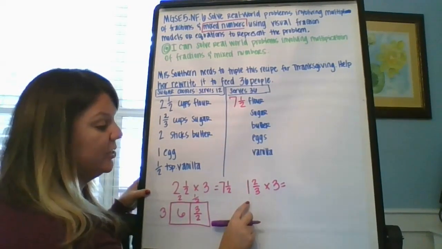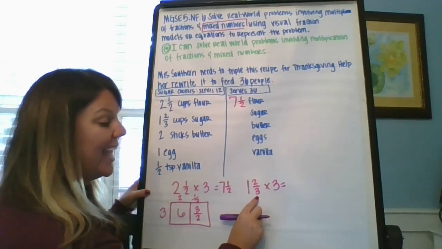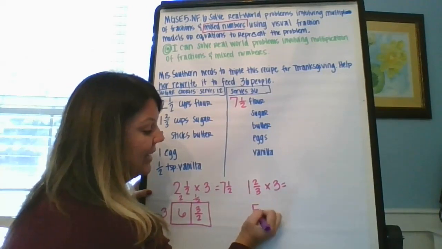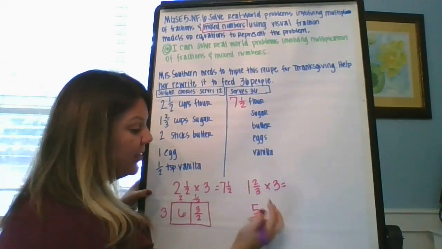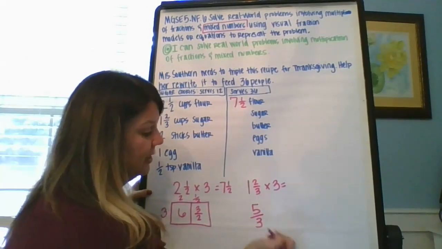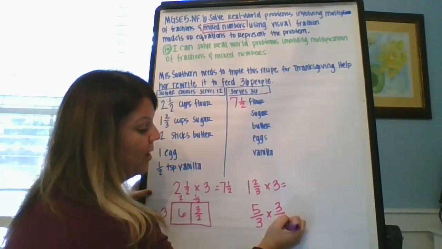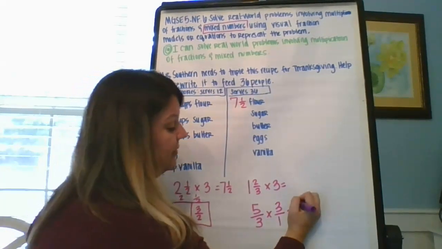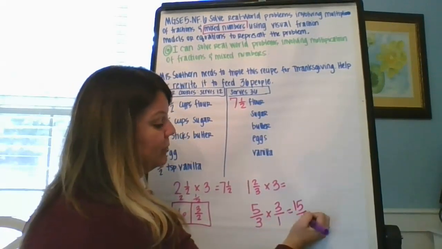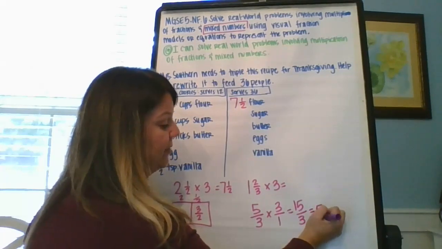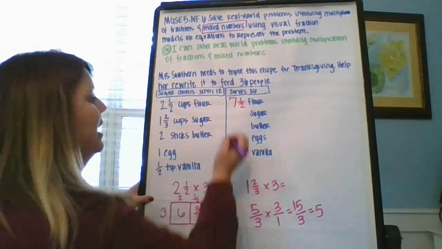So I would do 1 times 3 is 3, plus 2 makes 5. I would change the 1 2/3 into 5/3 and then multiply by 3. Put the 3 over 1, 5 times 3 is 15. 3 times 1 is 3. 15 divided by 3 is 5. So I'm going to need 5 cups of sugar.